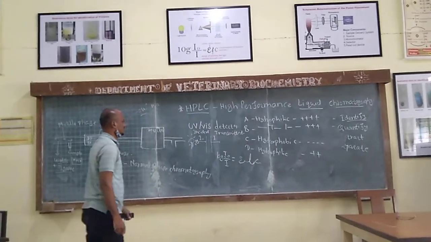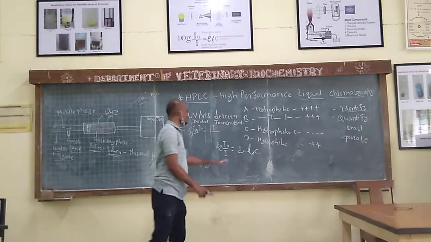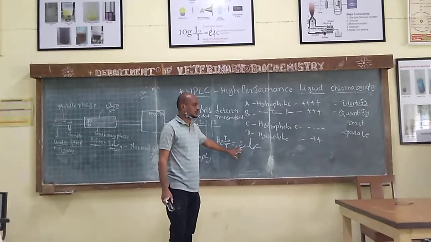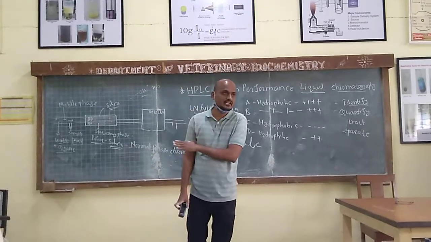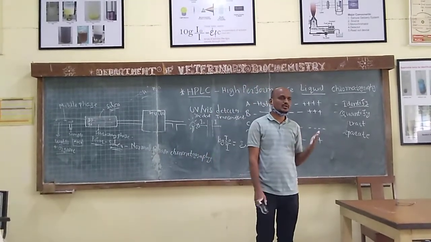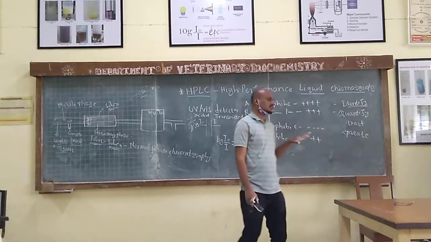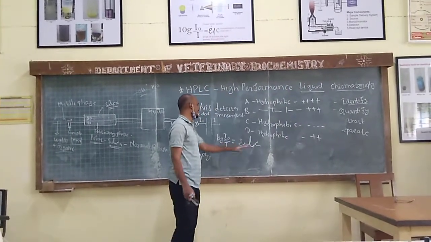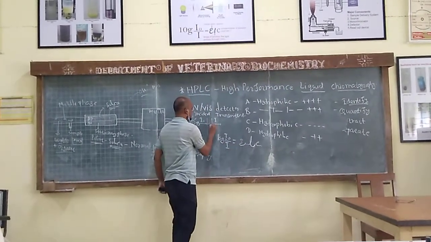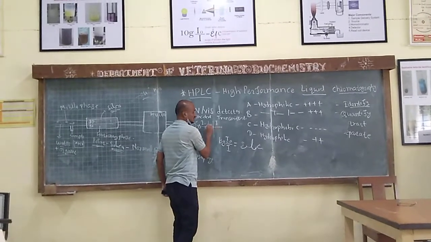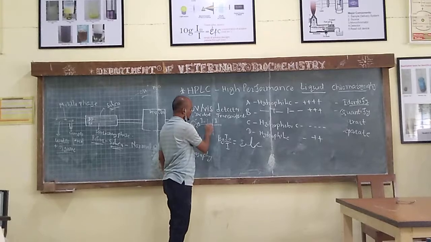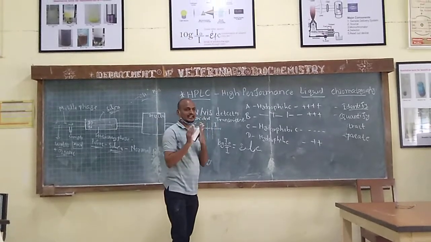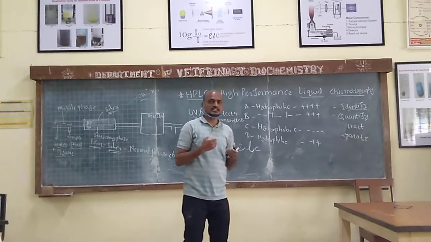So what is this? Epsilon is the extinction coefficient of that molecule. A particular molecule, A, B, C, D, will have its own extinction coefficient. Lambda is the path length. How much length is the light passing through? So the cuvette length. And C is the concentration.